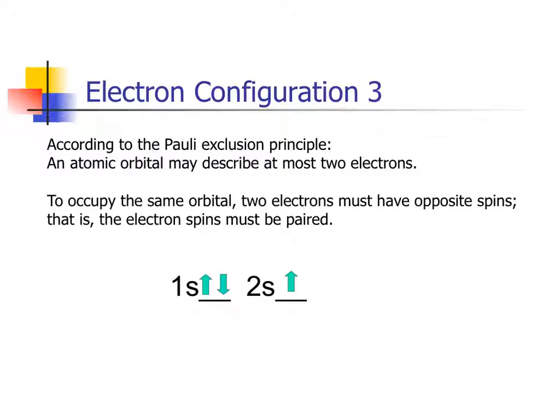What element has 3 electrons? That would be lithium. Lithium has 3 electrons, and to get to where lithium is located, just as if you were reading a book, you have to go through the 1s, fill it up, and then get to the 2s. By the time you get to the 2s, you only have that 1 electron there to place. And so that's where the last electron goes.